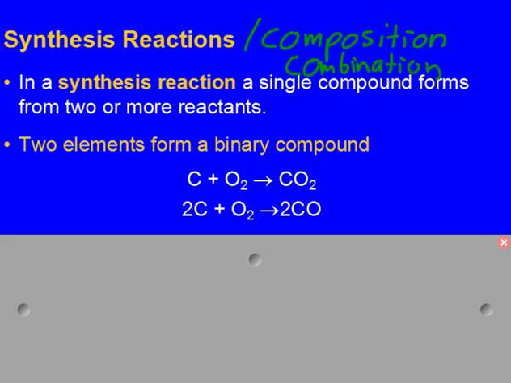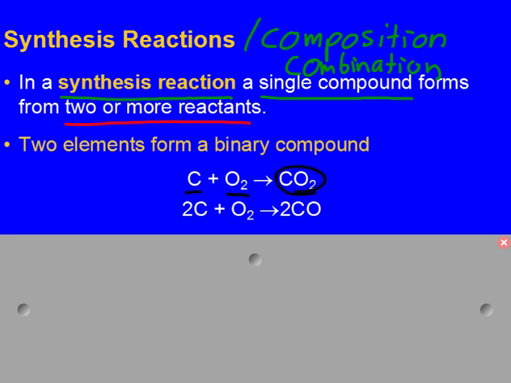But a synthesis reaction is one of the simplest types of reactions, and in most cases, a single compound will form from the combination of two or more different reactants. So, for example, when two elements react with each other, in this case we've got carbon reacting with oxygen, forming the singular compound of carbon dioxide.